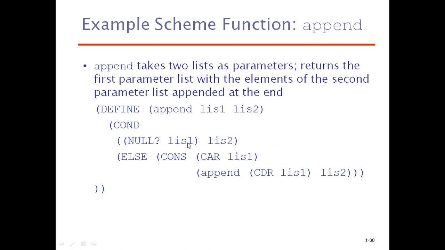Otherwise, cons is a function used for concatenation of an atom with a list. Take the first element from list 1 and append it to list 2. So cons car list 1, which will give you the first element in list 1, and we recursively call append cdr list 1 and list 2.